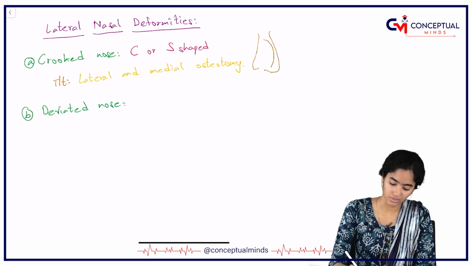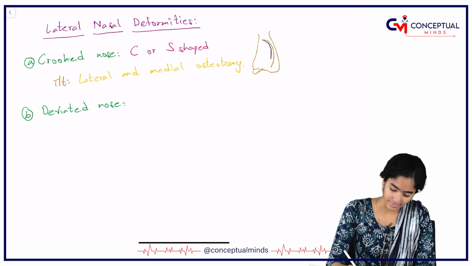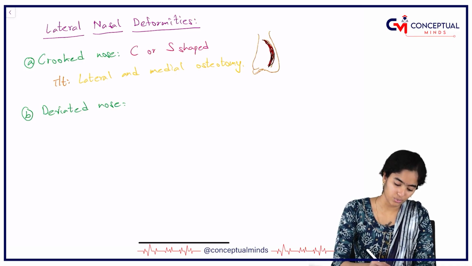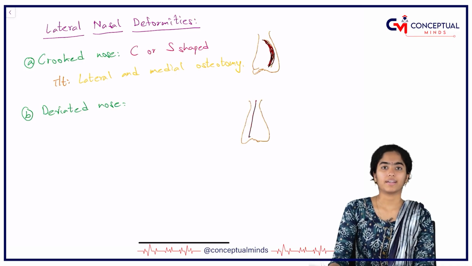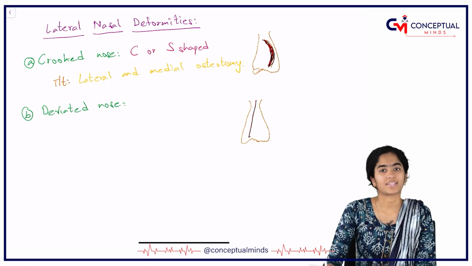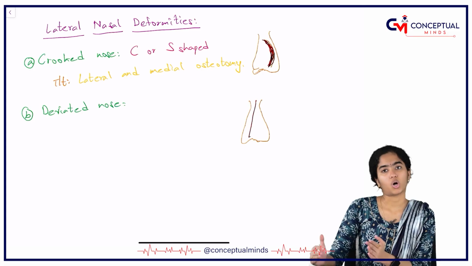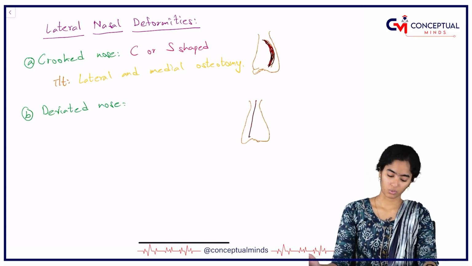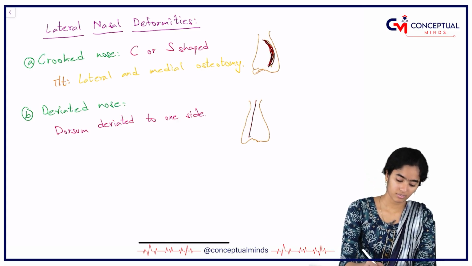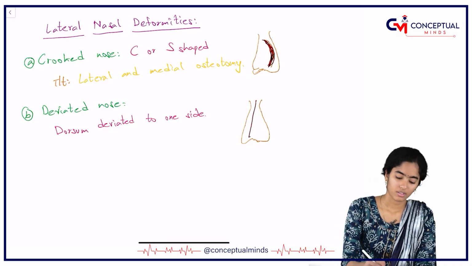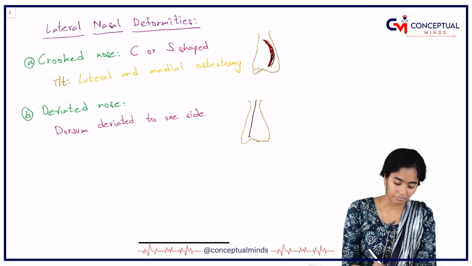If this is the external nose, crooked nose is towards one side like this. But a deviated nose is a straight line that is deviated to one side. It's not curved, it's a straight line, but it has gone to one side. Is that clear? How do we treat this? Again, septoplasty, because the problem is actually with the septum.